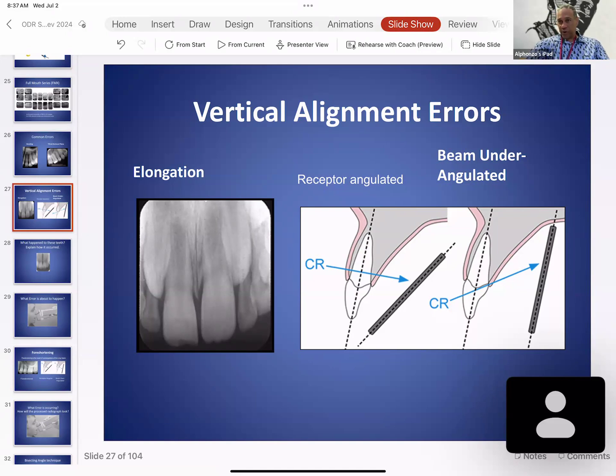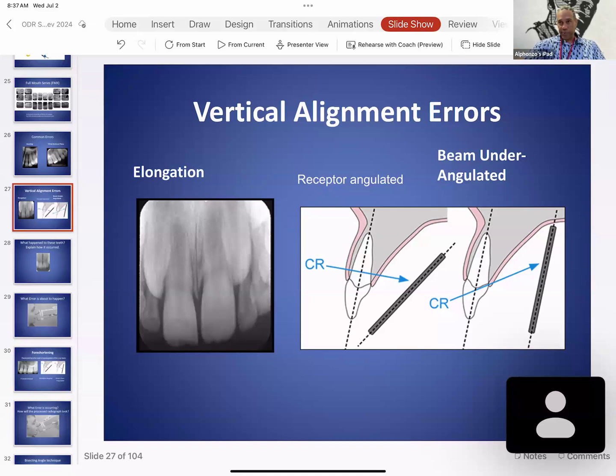You can kind of see if all the rays are going across that tooth, you can see on the right side of that diagram how the apex is actually going to miss the sensor, and that looks very similar to the actual radiation exposed image on the left. So I just want you to understand the concept.